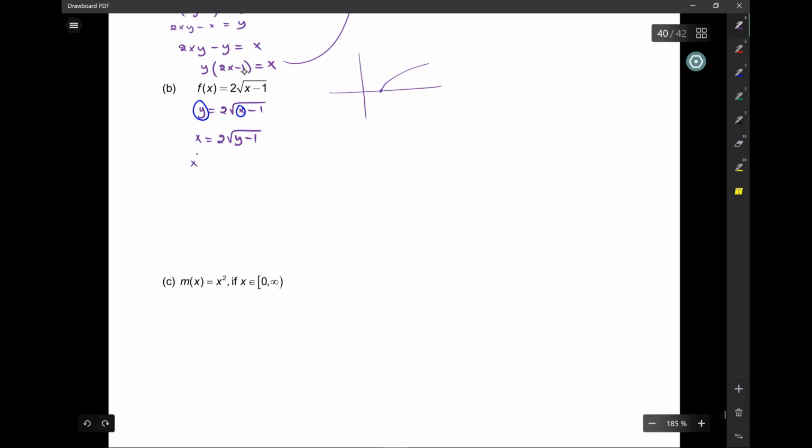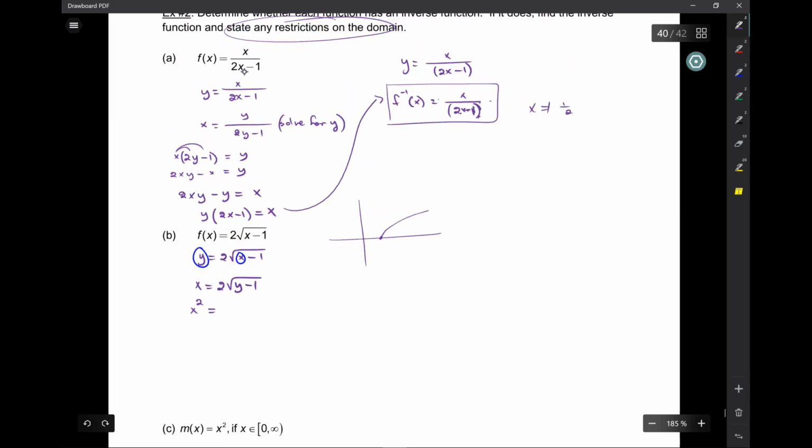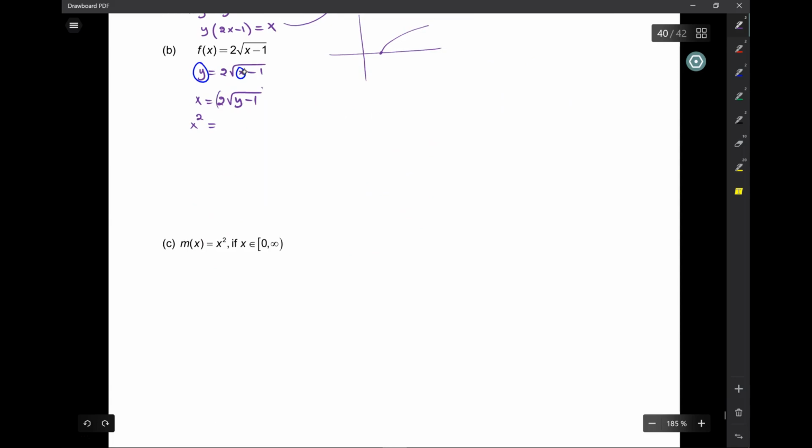I square both sides. So that's going to be 4 times y minus 1. And now what? Divide by 4.